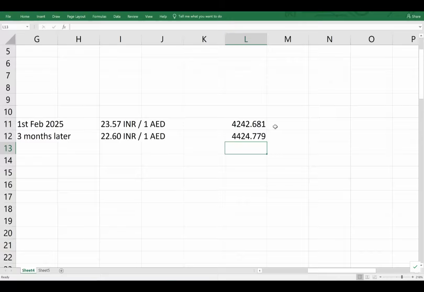Because my currency depreciates, I get the benefit from it. I would have received 4242 dirhams, but no, I am receiving 4424 dirhams. So that's the key point. You need to note it down. Whenever your currency depreciates, the exporter will get a benefit from it.